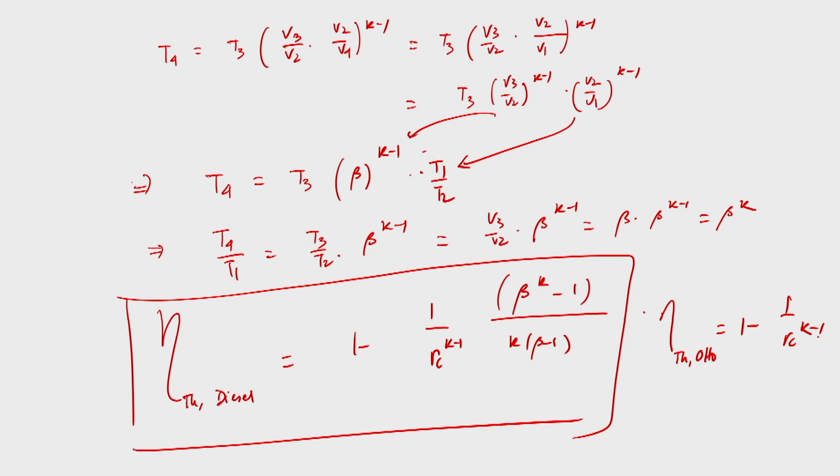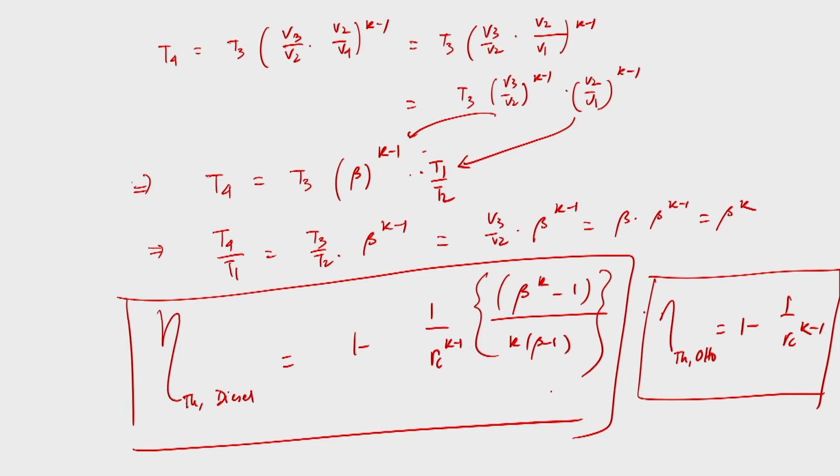If I compare these two efficiencies, Otto cycle and diesel cycle, we have seen that beta is always greater than 1, and k is always greater than 1. So the quantity in the bracket term is always greater than 1. So for a given compression ratio, the efficiency of the Otto cycle will be higher.